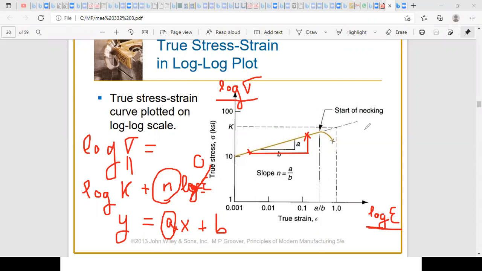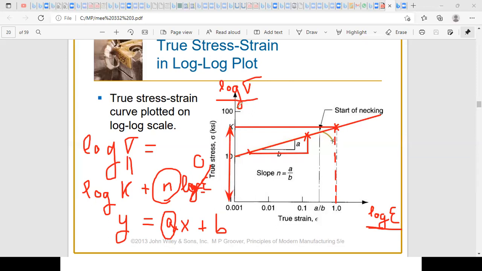Of course, you might not reach epsilon equal to 1 in your graph, but you can extrapolate the linear curve. For epsilon equal to 1, I determine the intersection with this line, and reading on the log sigma scale at this point, I can determine log of K, which allows me to find the value of K.